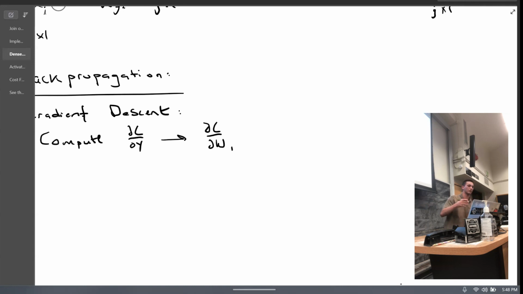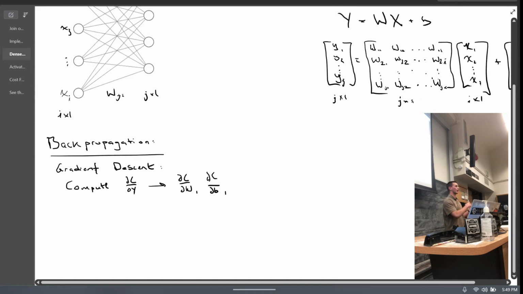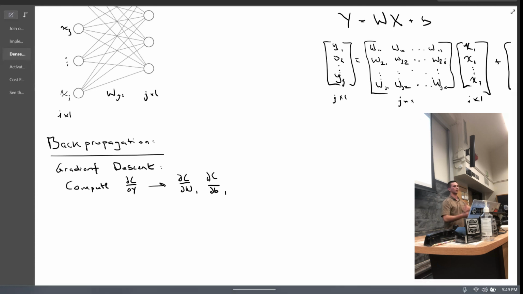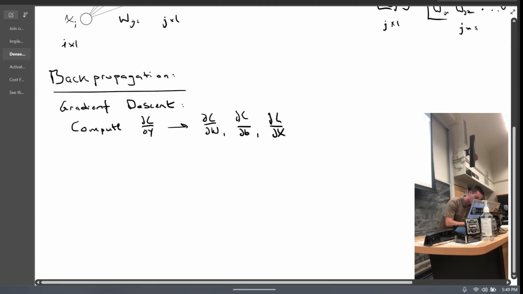How does the cost function change when we tweak the weights? How does it change when we tweak the biases? So we want partial C with respect to W, and partial C with respect to b. Also, remember in our sequential model we needed to pass back the derivative with respect to the input, because that's the derivative with respect to the output of the previous layer. So we also want partial C, partial X.